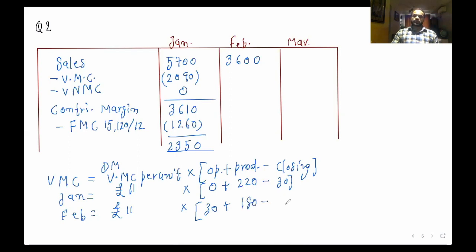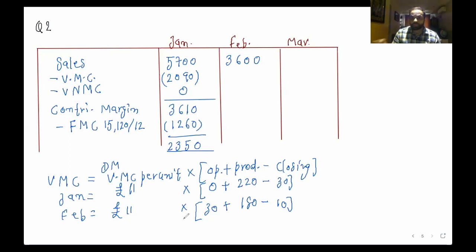And how much is closing? 10. So 180 plus 30 is 210, right? 210 minus 10 is 200. 200 multiplied by sales in February is 6,000.